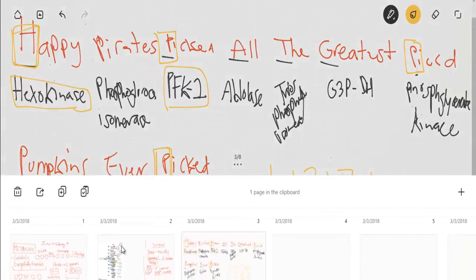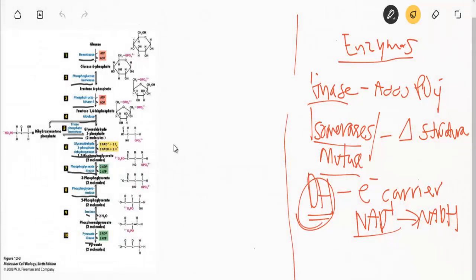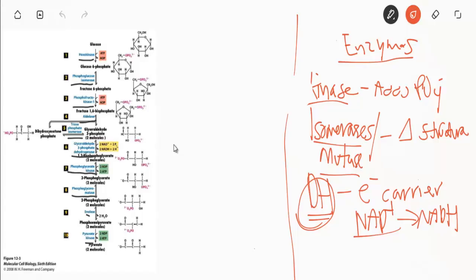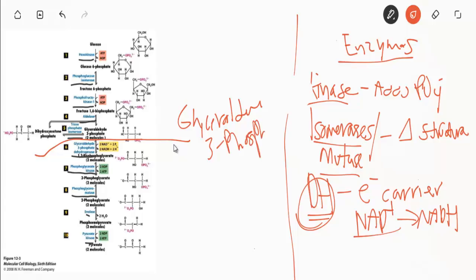Well, if you look back at glycolysis, you'll see that once we go from G3P, glyceraldehyde 3-phosphate, we now have 2 molecules.